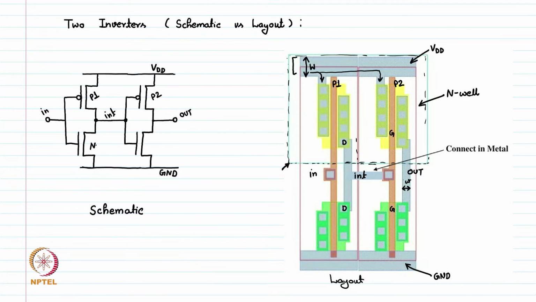And here we have NMOS 1 and NMOS 2. So this is how a complete layout of an inverter chain, or two inverters connected together, looks. So this is the view of the layout.